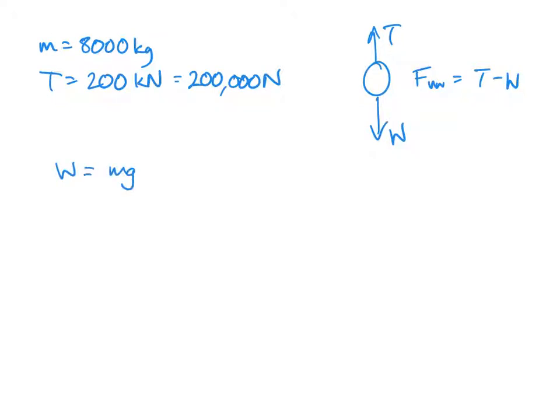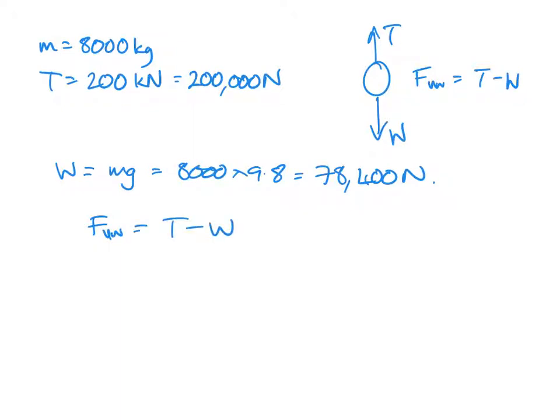So we know that W equals mg equals 8,000 times 9.8 equals 78,400 newtons. And we know the value of T, we know the value of m. So I've now got enough to solve the problem. We write F_un equals T minus W, which is specific to this problem.